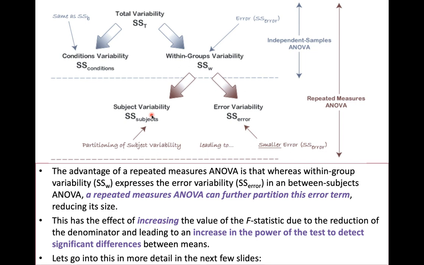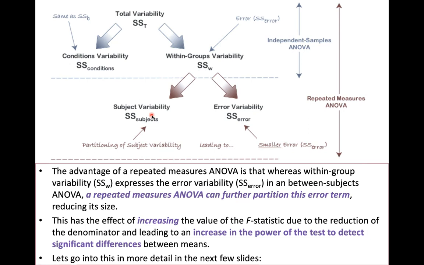And so if you can repeatedly measure these people over time, then we have data on their individual differences between each other, and we can mathematically partition out those individual differences and, in a sense, throw them away. We throw them in the trash because I don't care about Samantha versus Jose versus Cynthia. That's not my question.